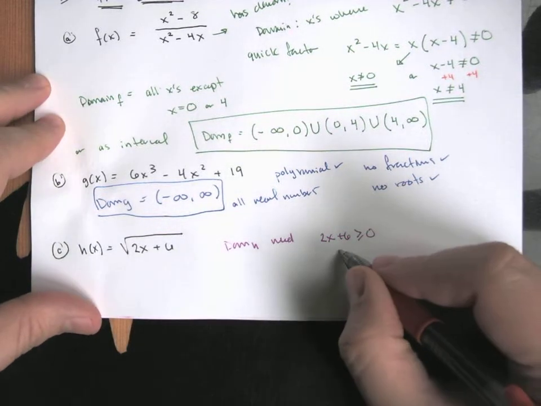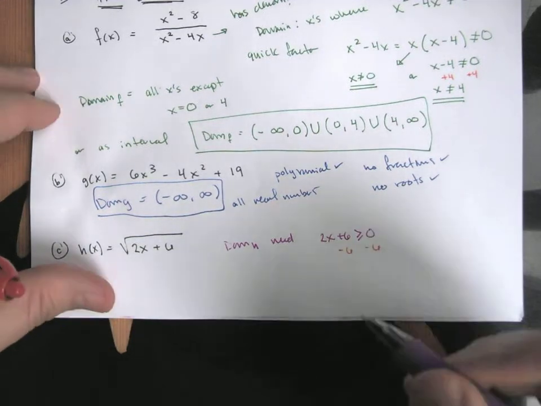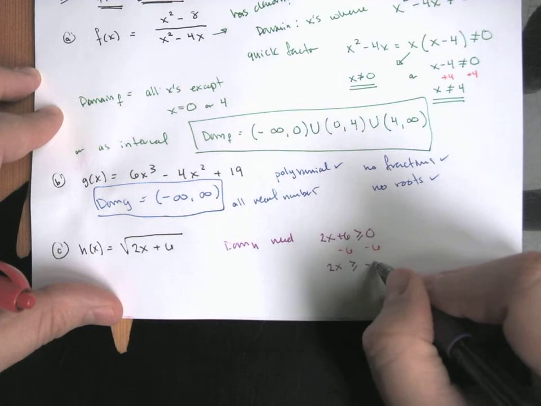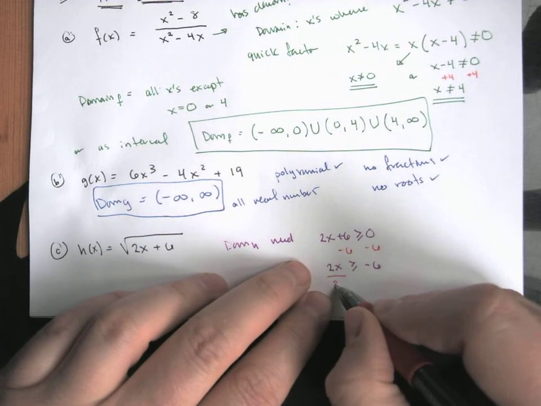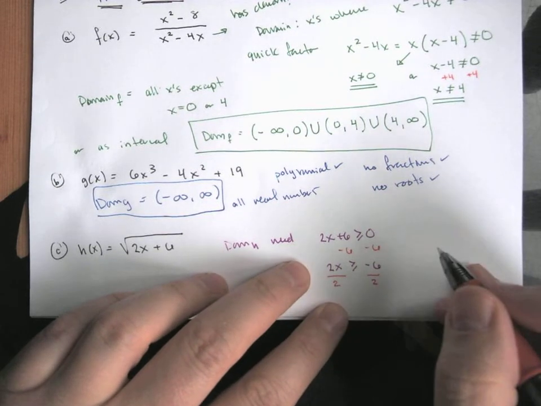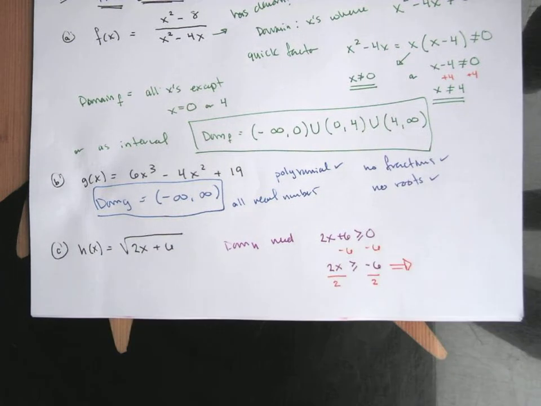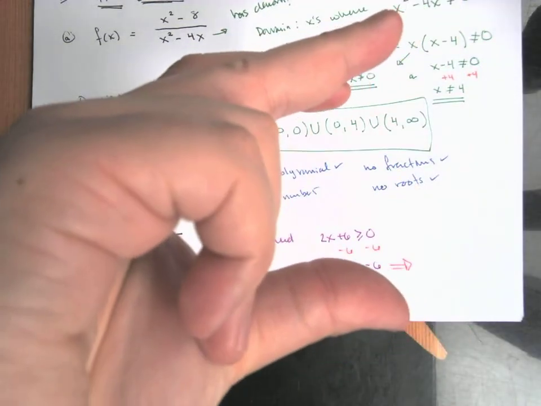So what I'm going to do is quickly do a little bit of algebra. We'll solve this for x. We can treat the greater than or equal to sign essentially like an equals sign. So we can add to both sides, subtract from both sides, multiply, divide. The only rule we need to be aware of is if we divide or multiply by a negative number, the greater than or equal sign will flip and face the other direction.